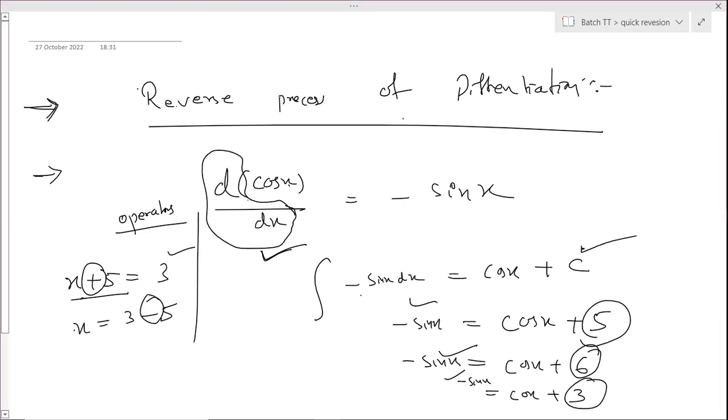That is why we add a c here. This is called the constant of integration. So do not forget this in the final answer. It will carry half marks. They will reduce half marks if you don't write it.